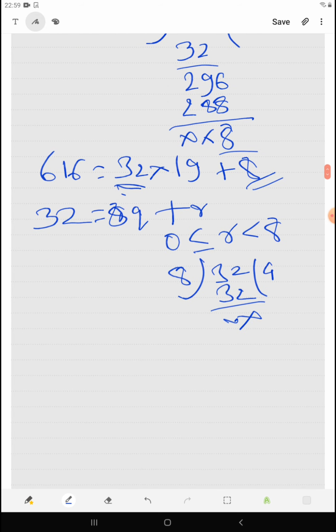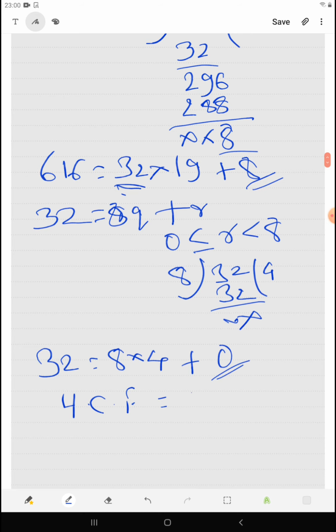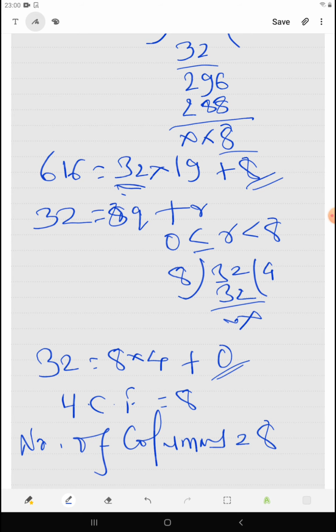So 32 can be represented as 8 into 4 plus 0. Now you see we have got the remainder as 0. Since the HCF is 8, our number of columns will be equal to 8. That's it.